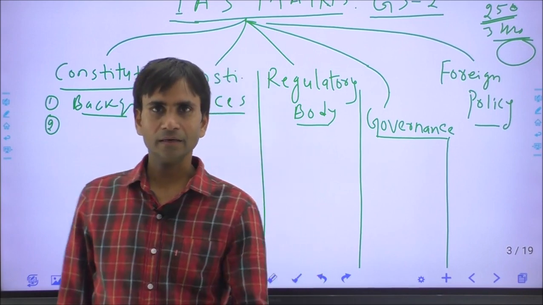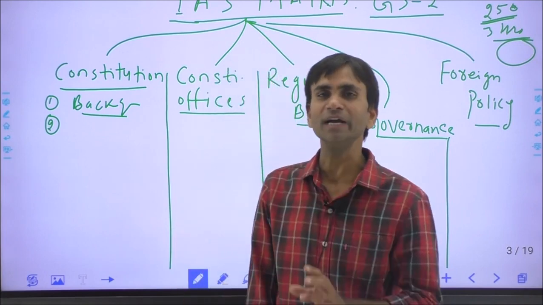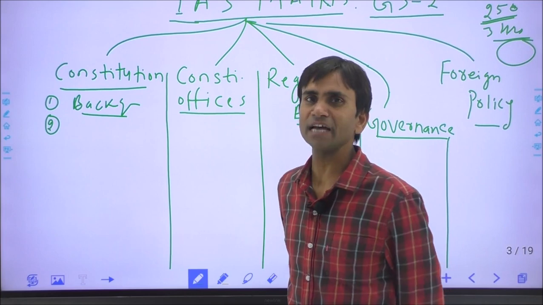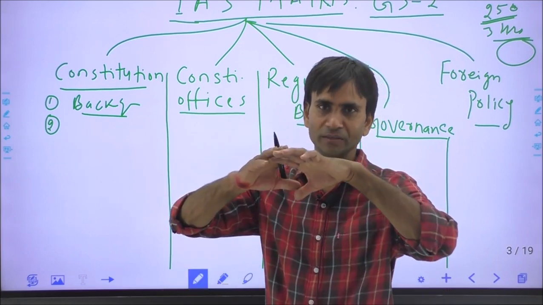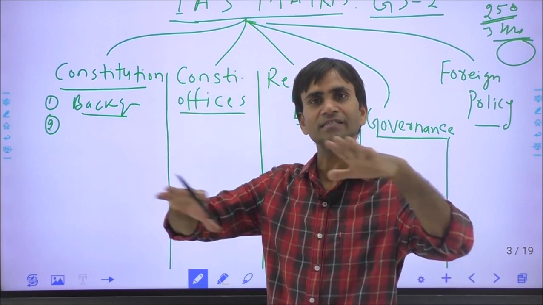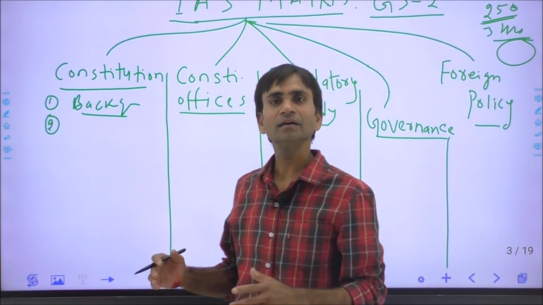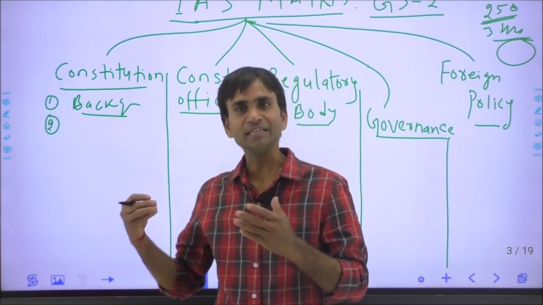UPSC has required information from candidates from the last 10 years or the recent time. A clash or cooperation between the union and the state governments has been seen in making the federal features more refined. And what are the main reasons?